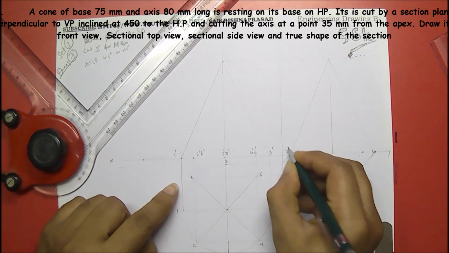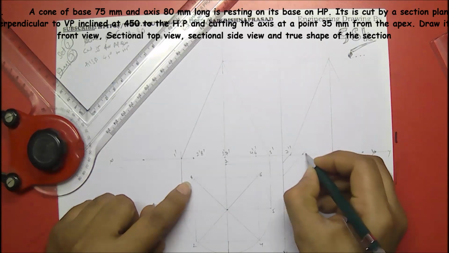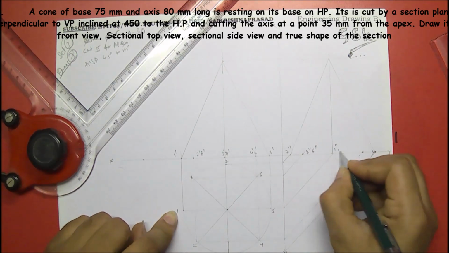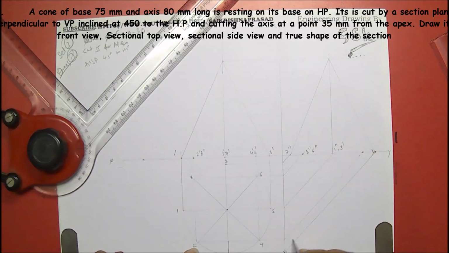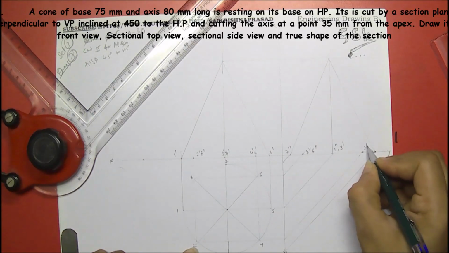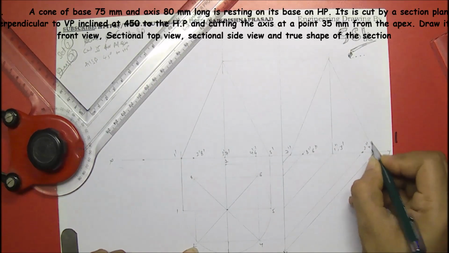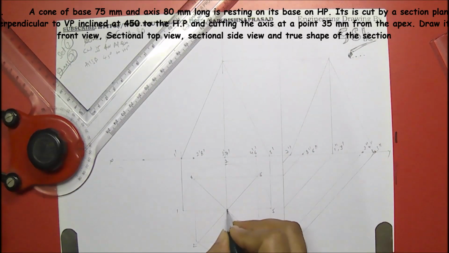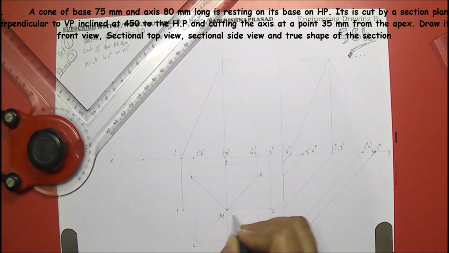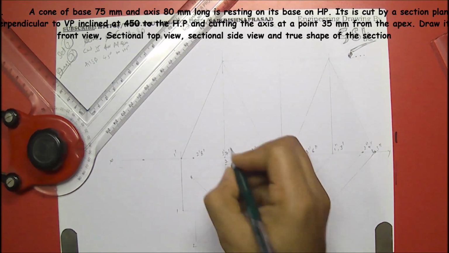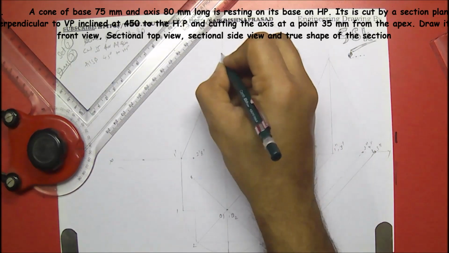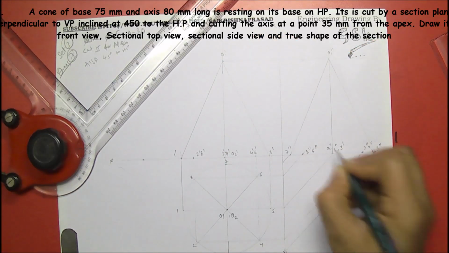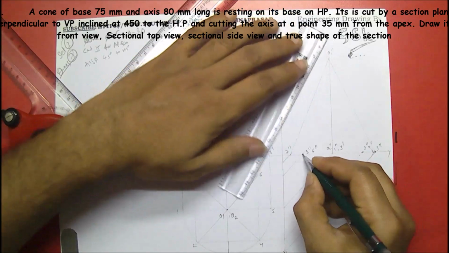This point would be 7 double dash, and this one would be 8 double dash, 6 double dash, and this one would be 1 double dash, 5 double dash, and coming to this would be 2 double dash and 4 double dash, and this would be 3 double dash. And coming to the apex point, this one would be O1 and bottom would be O2. This is O2 dash, this is O1 dash, O1 double dash, O2 double dash. Let's join these also.